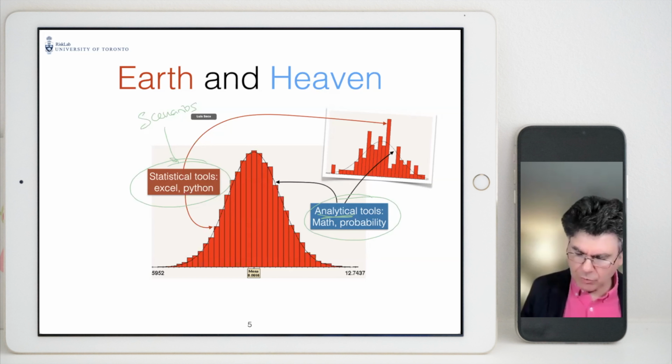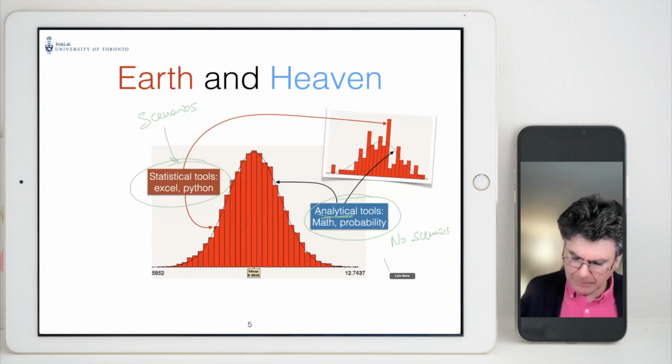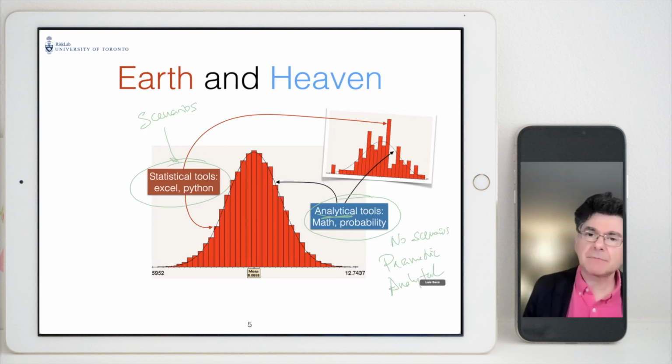Here, no scenarios. This is what's called parametric analysis or analytical analysis. So these are scenarios generated here. These individual scenarios, all of these are scenarios. Things that happened or things that may happen. They could be simulated or they could be drawn from history.